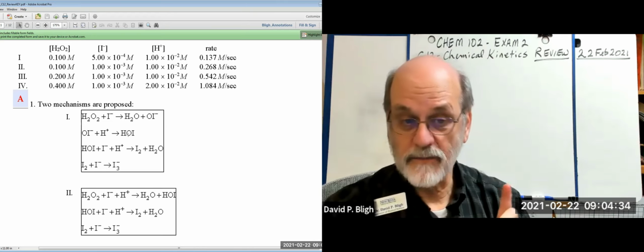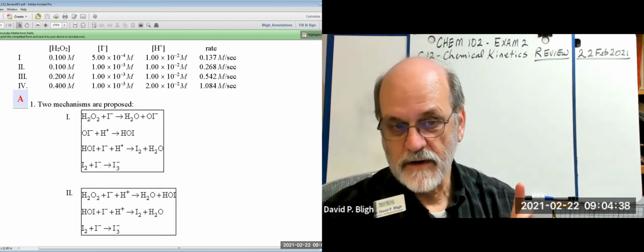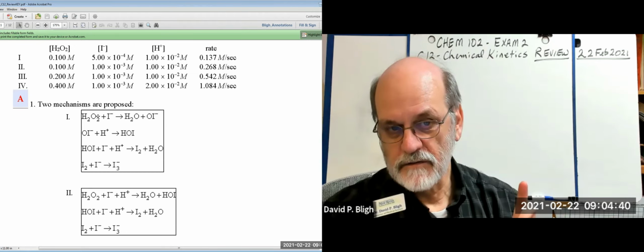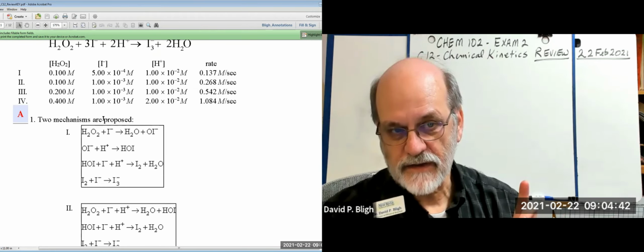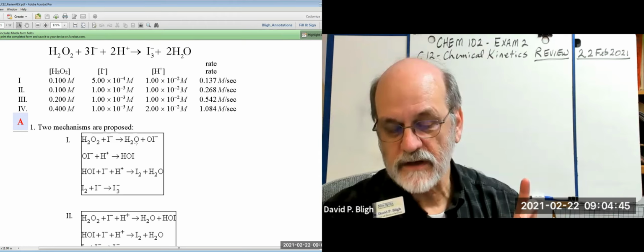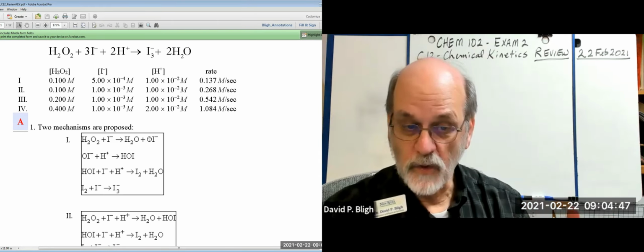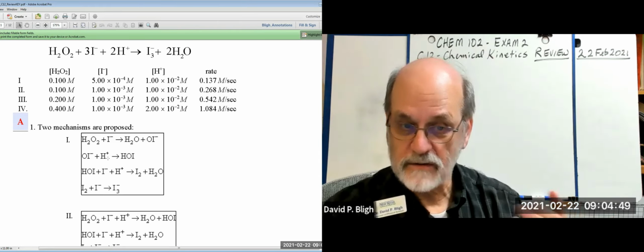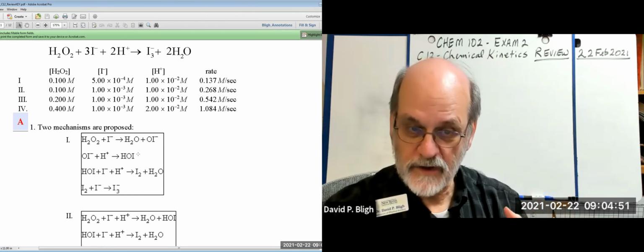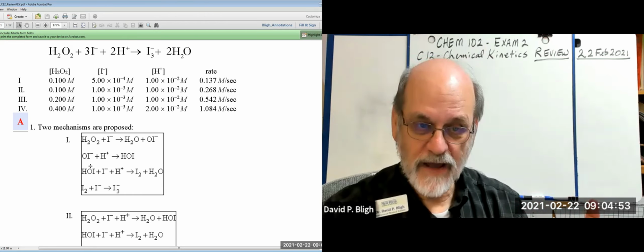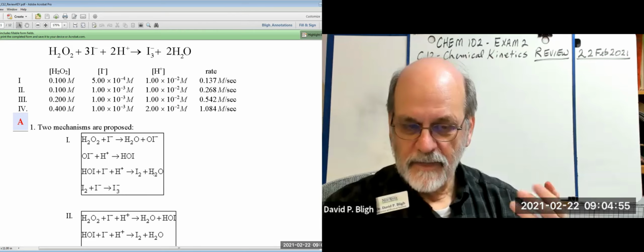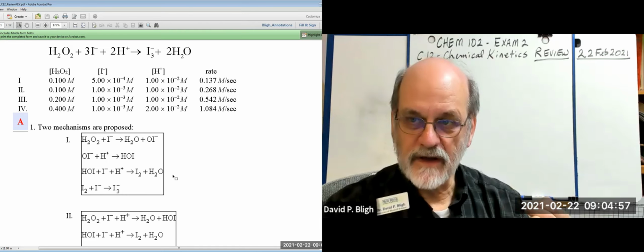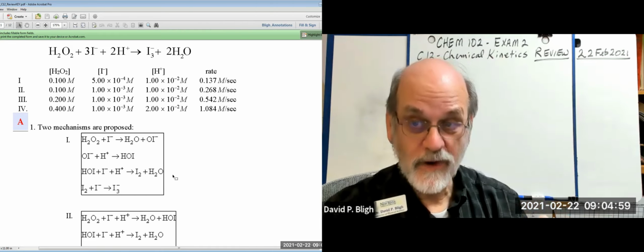When you look at a mechanism like this one, two reactants go in and give you these intermediates. One of those intermediates reacts with another reactant, gives you another intermediate. That intermediate reacts with another. The slow step in there is the one that determines the rate and the rate law.